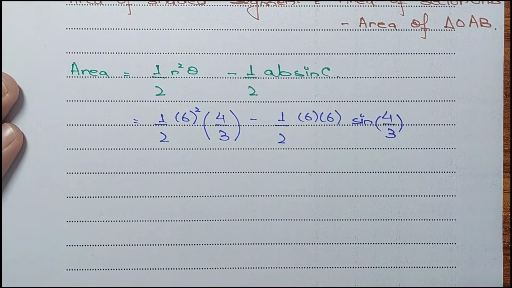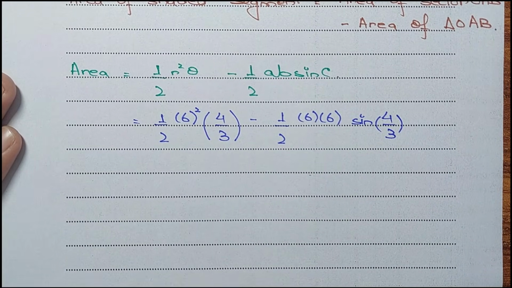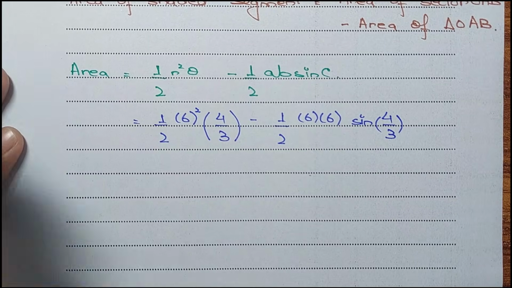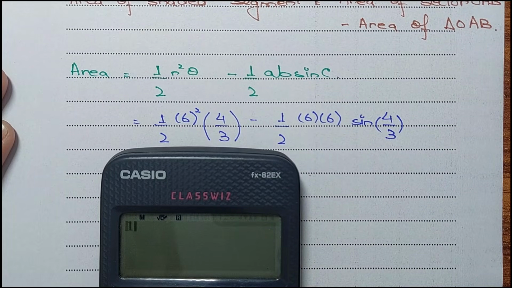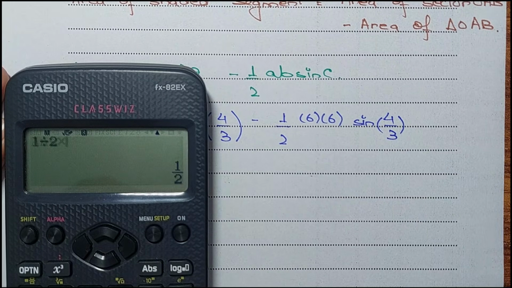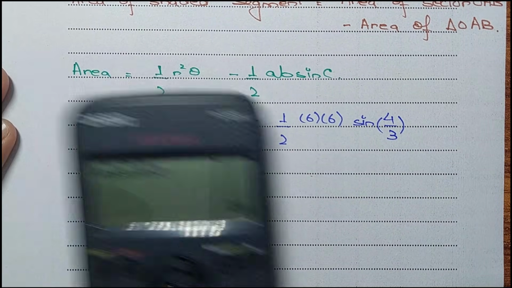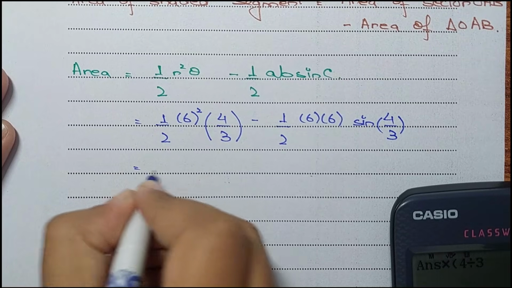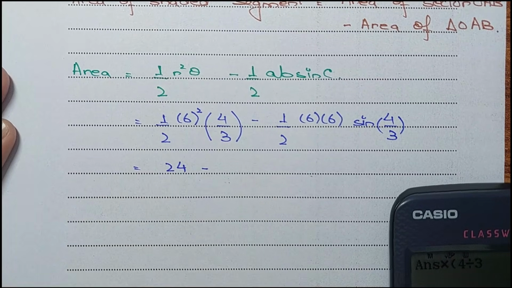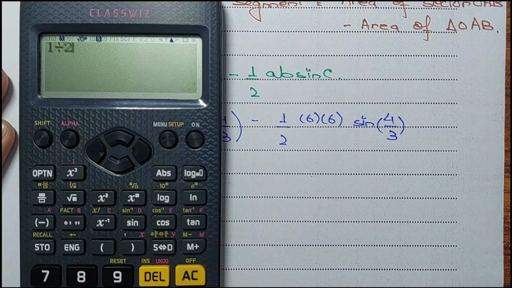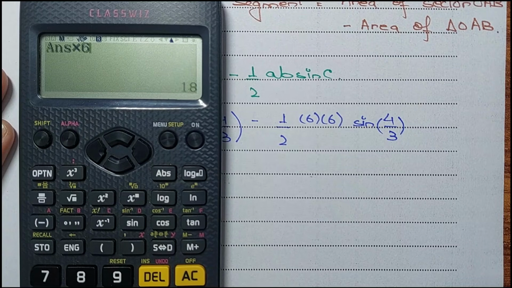Now let me figure out 1 by 2 times 6 squared times 4 by 3, which is 24, minus 1 by 2 times 6 times 6 times sine 4 by 3.